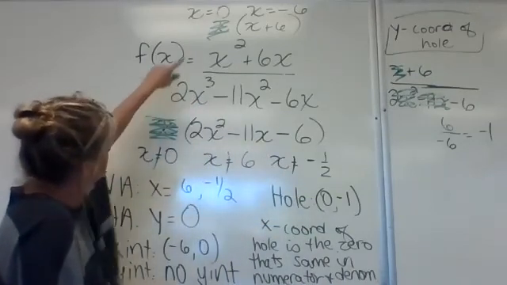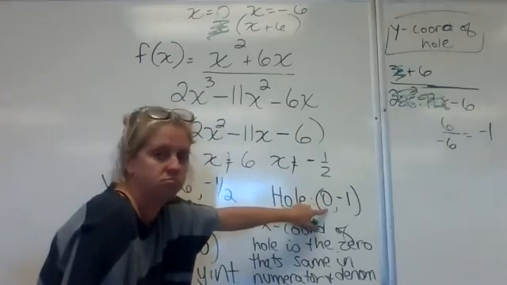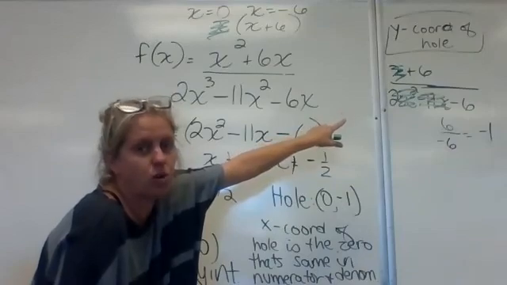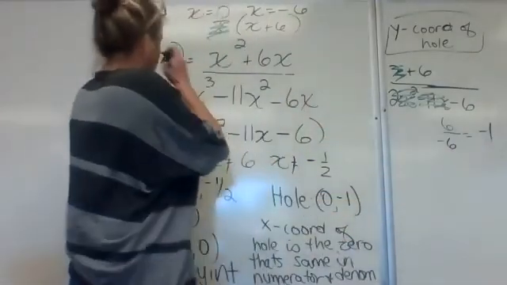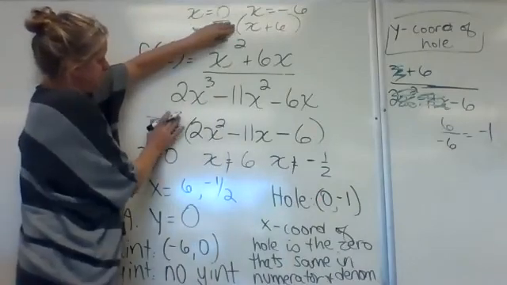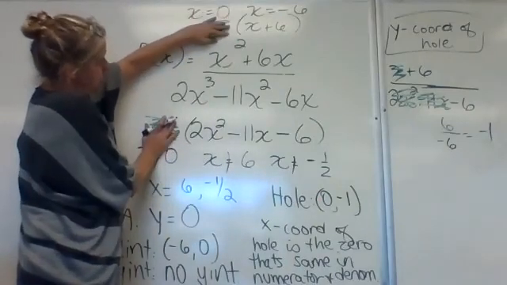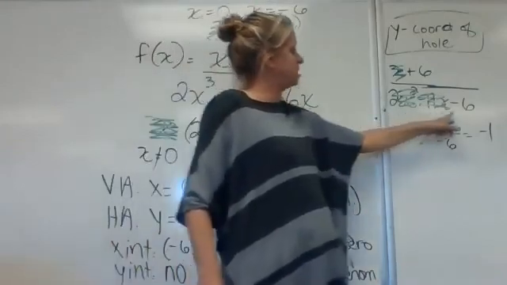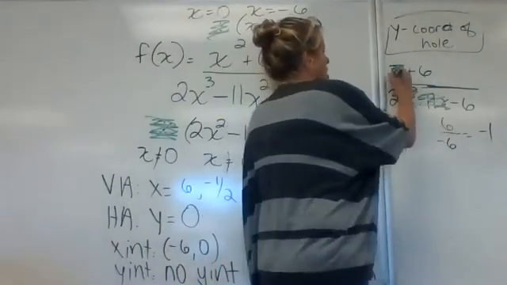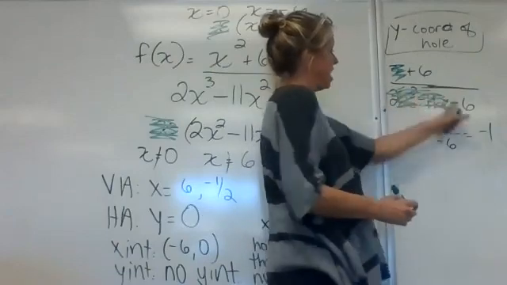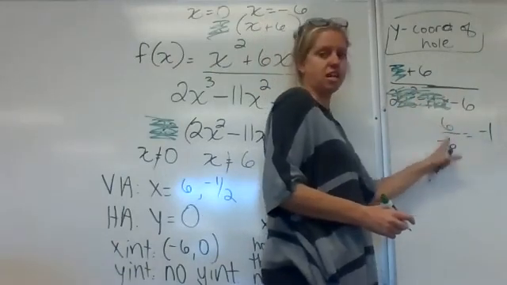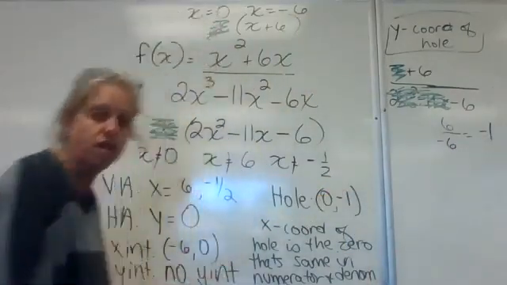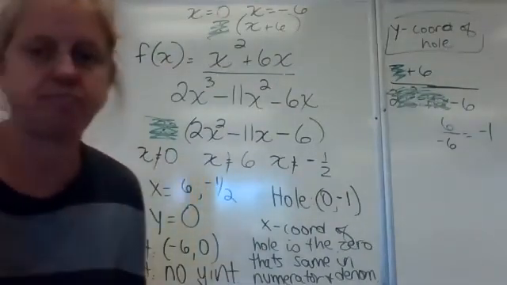So since the 0 that was the same in the top and the bottom was 0, the y-coordinate comes, that's when we found the y-coordinate over there. After we took out the factor, which were these x's that made those zeros, what was left was x plus 6, and then 2x squared minus 11x minus 6, and took out all their x terms. And what was left? +6 over -6, which reduced to -1. That's what gave me the y-coordinate of that hole. So you're going to have that knowledge to do number 18.